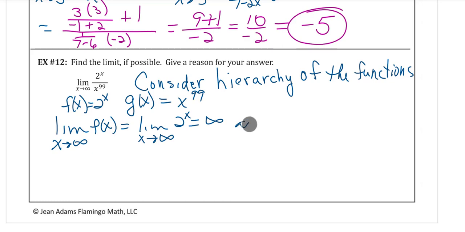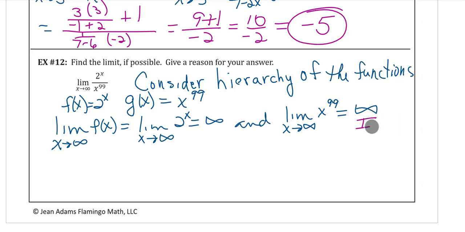And the limit as x approaches infinity of x to the 99 is also infinite. I mean, we have a polynomial function that's growing. So we do have the indeterminate form.